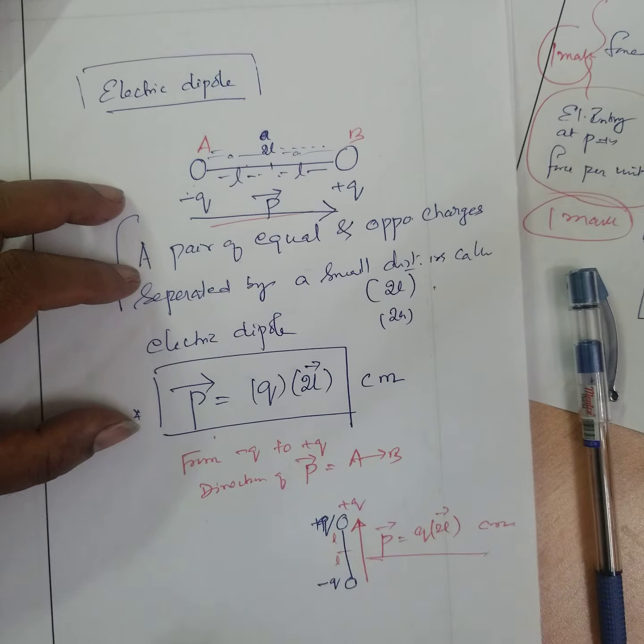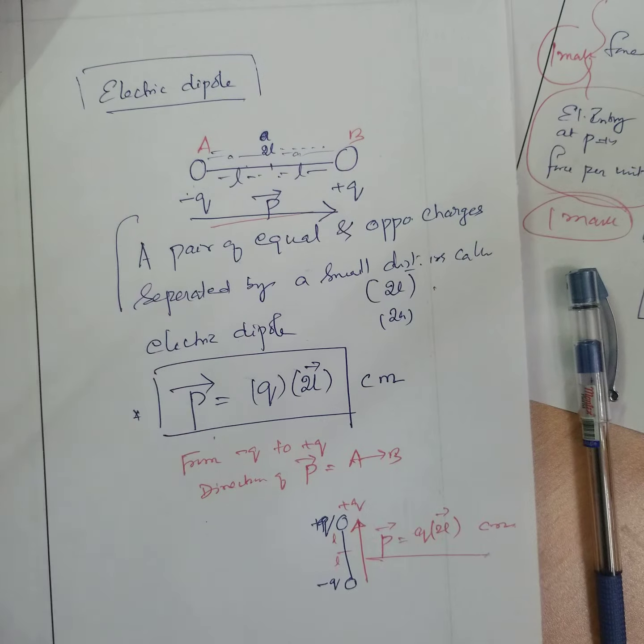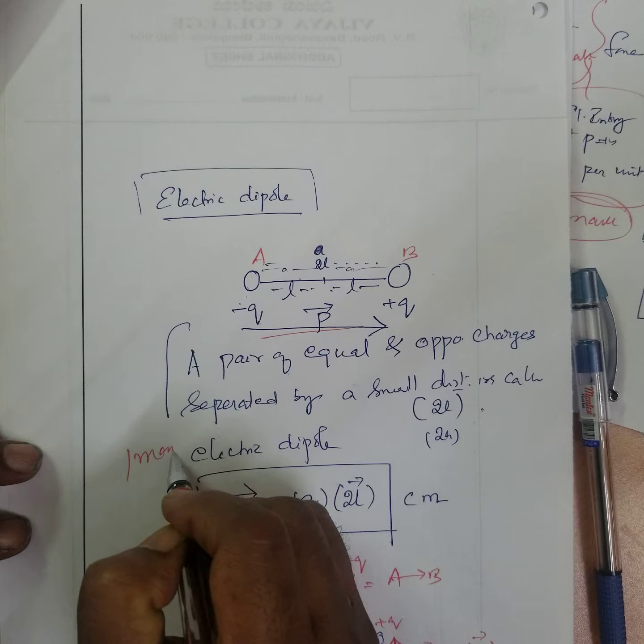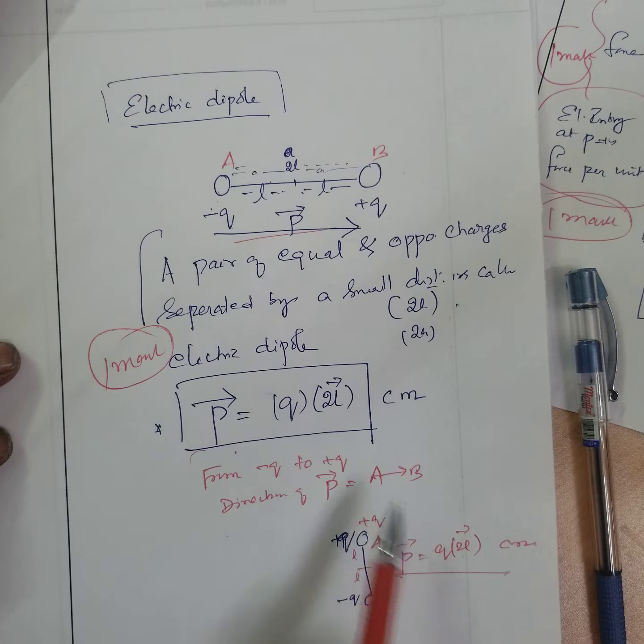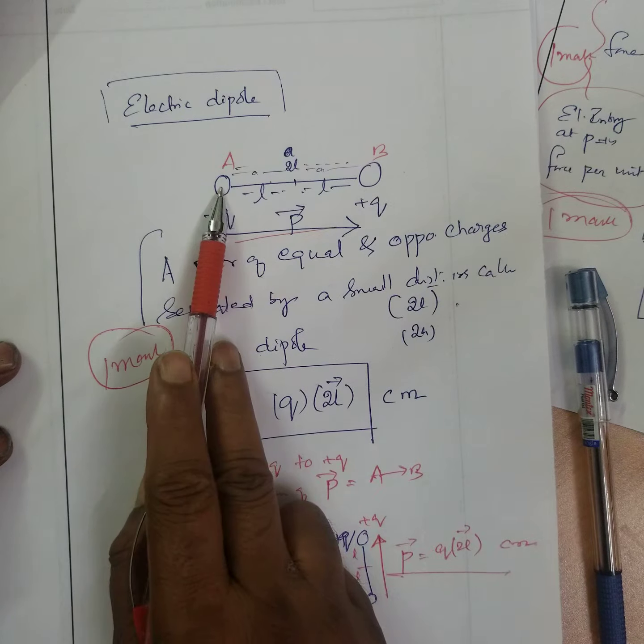Coulomb meter is the unit. They may ask you for 1 mark. And which is the direction of the vector? From minus Q to plus Q. You understood?